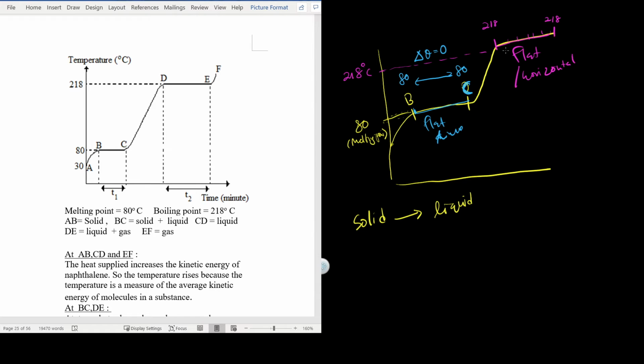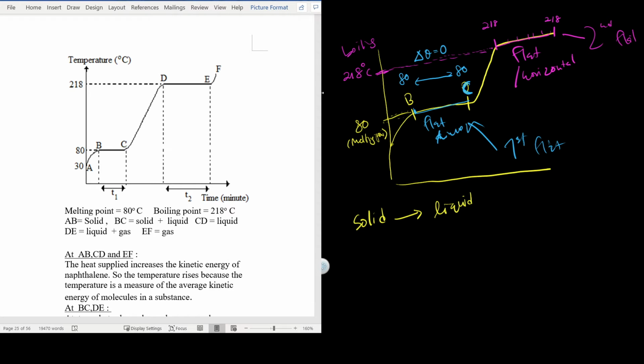Once you see this second flat line, you can determine the temperature where the horizontal line occurs, and that temperature we call the boiling point. So here is the melting point, and the upper one is the boiling point.